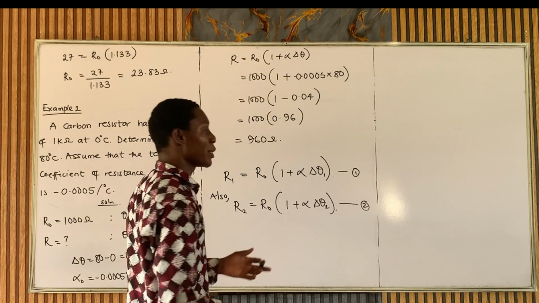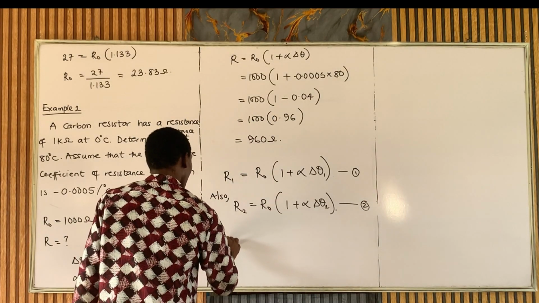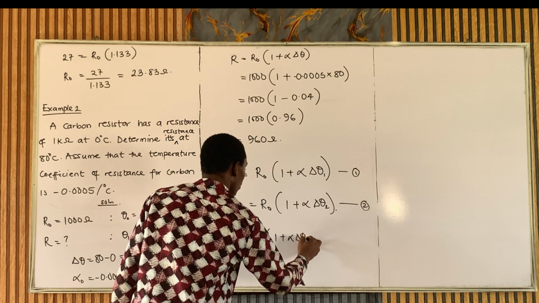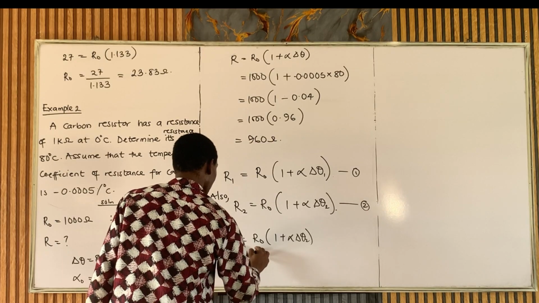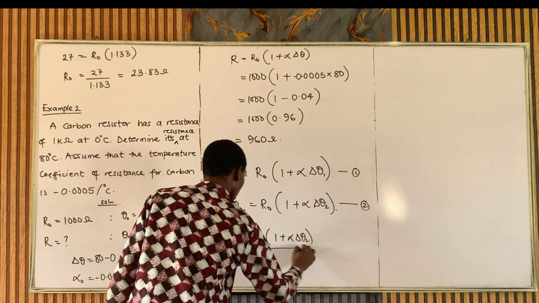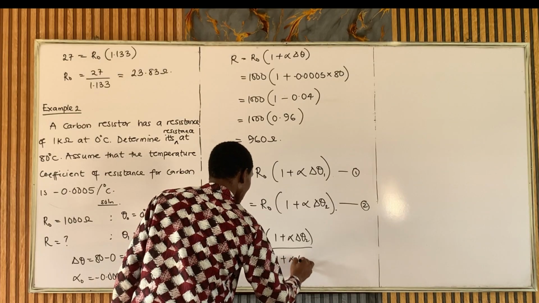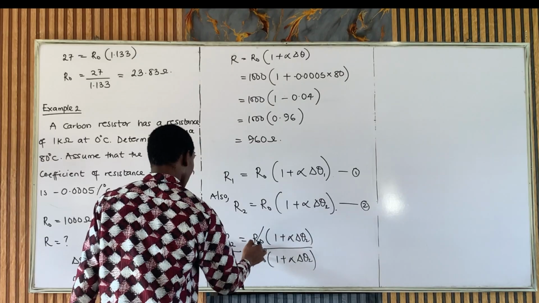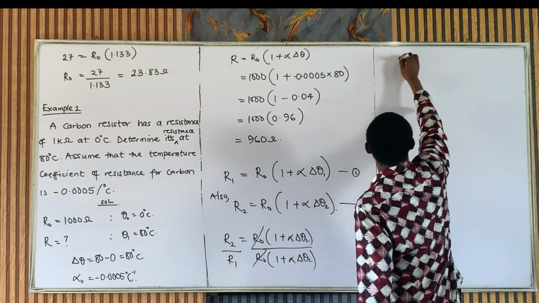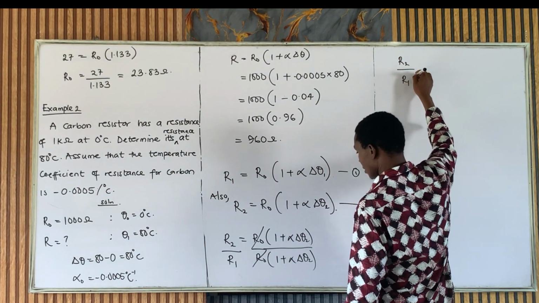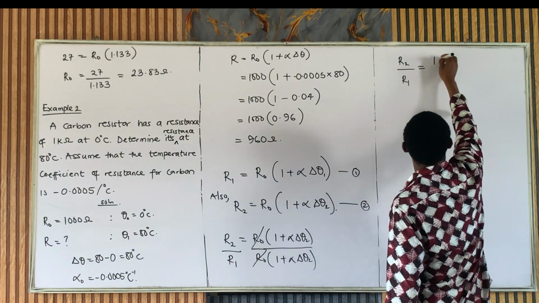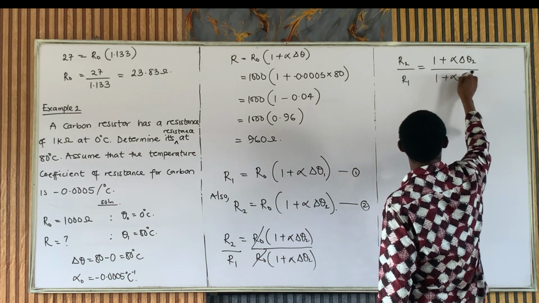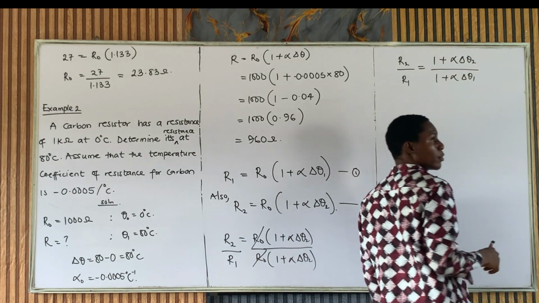Now if we divide equation 2 by equation 1, that will be R2 being equal to R naught, 1 plus alpha change in theta 2, over R1 equal to R naught also, 1 plus alpha change in theta 1. R naught will cancel out R naught. We will now have that R2 over R1 is equal to 1 plus alpha change in theta 2 over 1 plus alpha change in theta 1. This is the relationship we use.